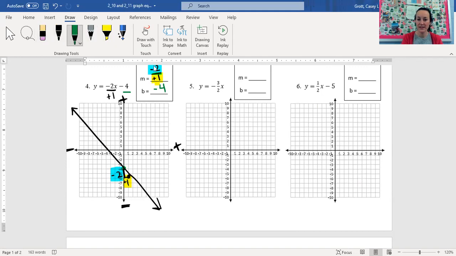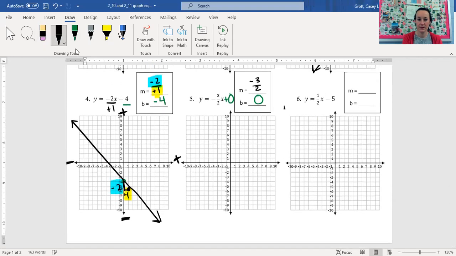This one, there's nothing here for my b. So my b is going to be 0. My slope is going to be the fraction, -3 over 2. My beginning point, my y-intercept, I'm going to put a point at 0.